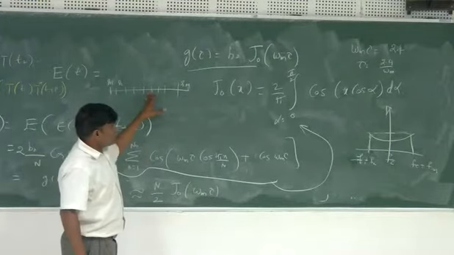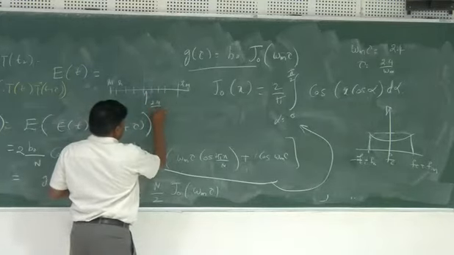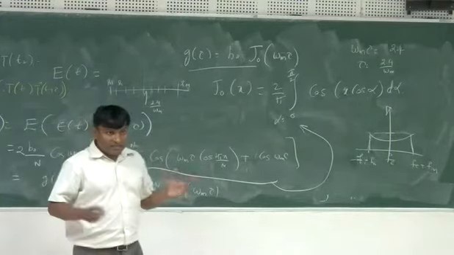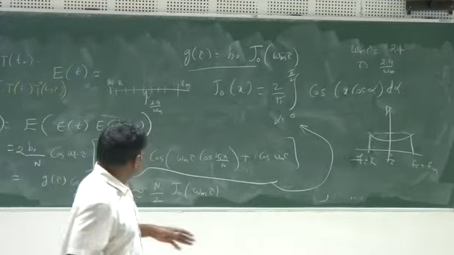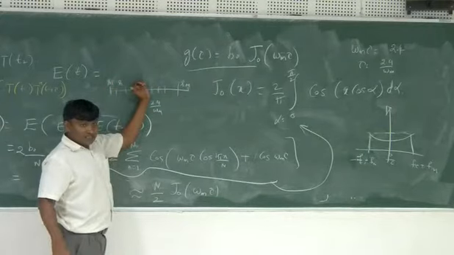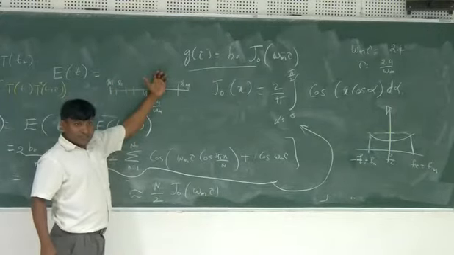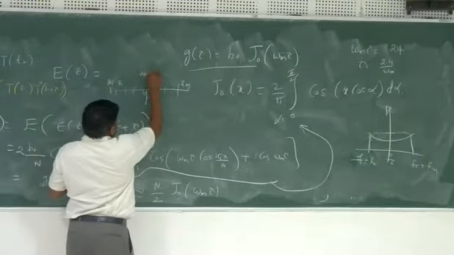And at some point, at tau equal to 2.4 by omega m, you will see an independent fade. That would be a good thing because you will observe a number of independent fades. Of course, they're slowly changing. Maybe 2 fades, 3 fades, 4 fades over a frame of, let us say, 20 milliseconds in duration.